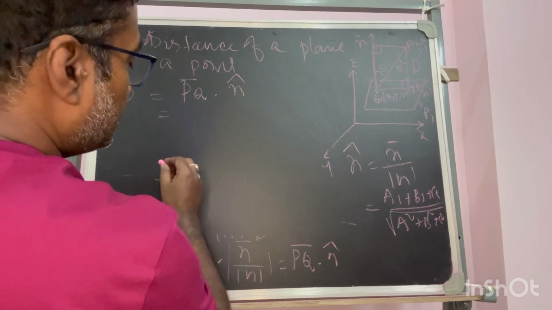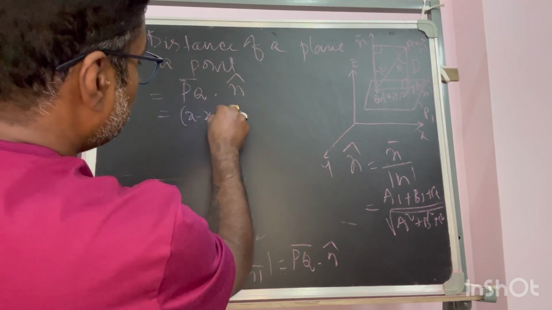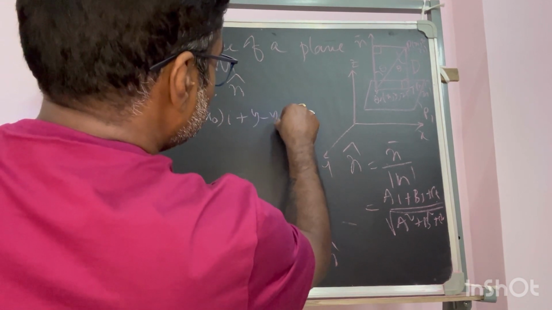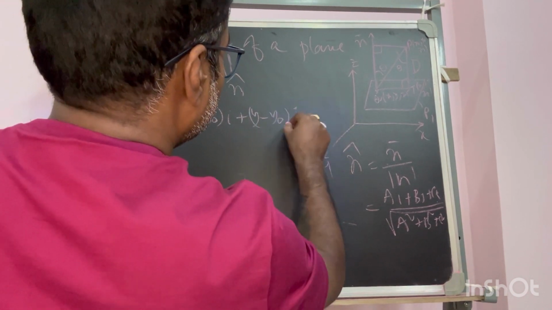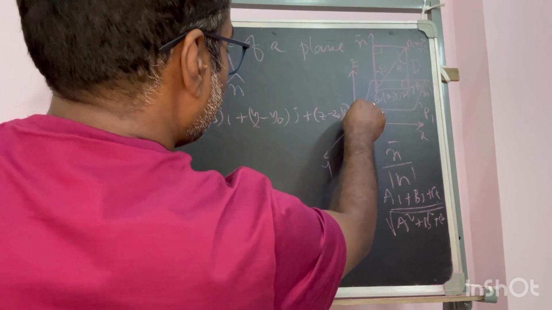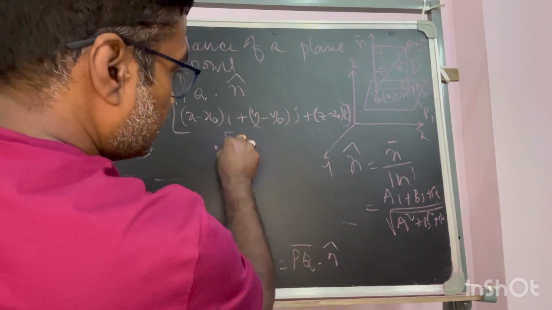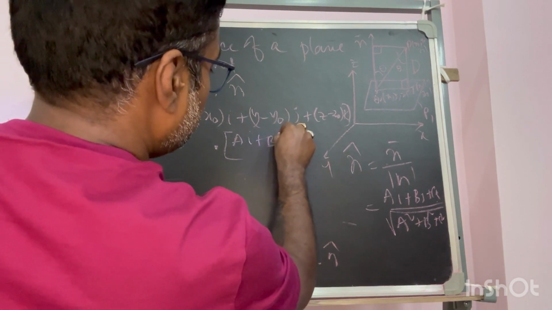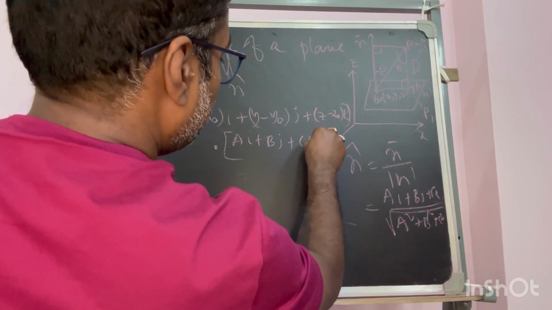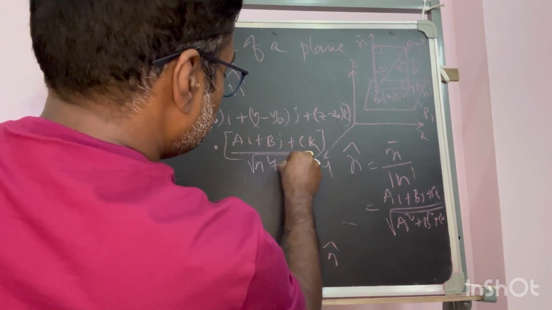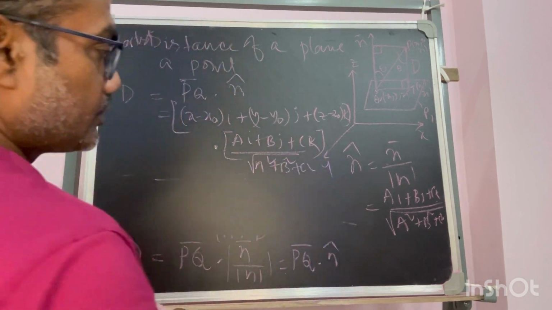PQ is x minus x0 i, y minus y0 j plus z minus z0 k, dot that, which is equal to ai plus bj plus ck under root of a square plus b square plus c square.